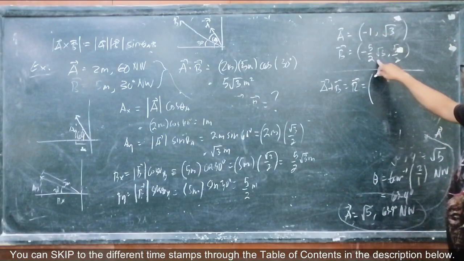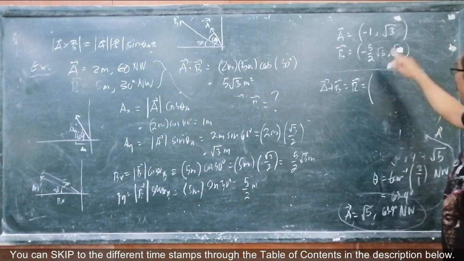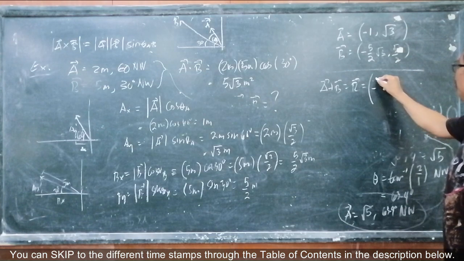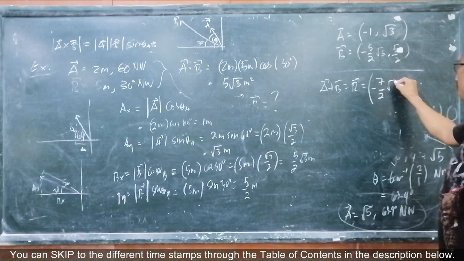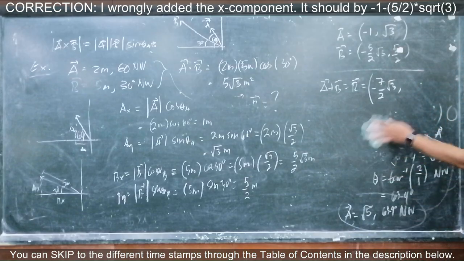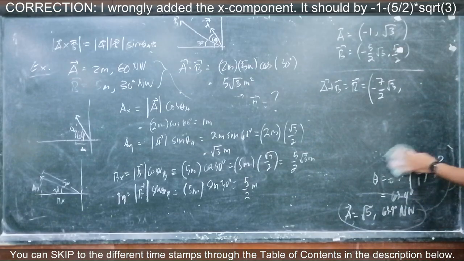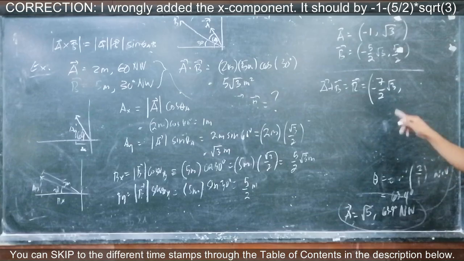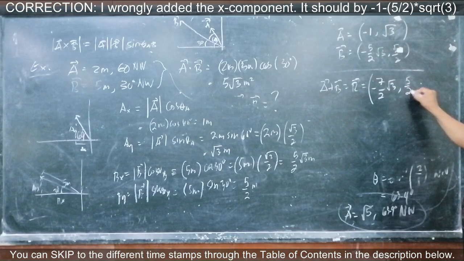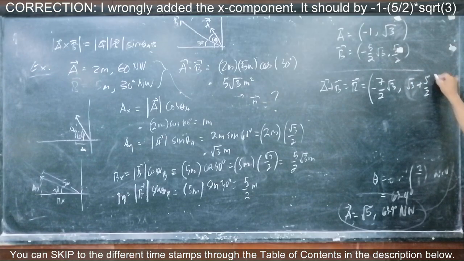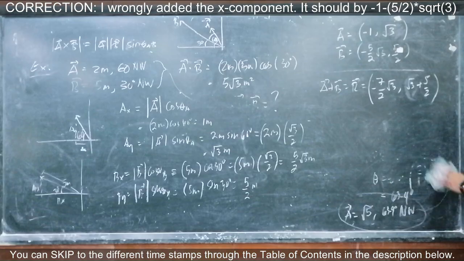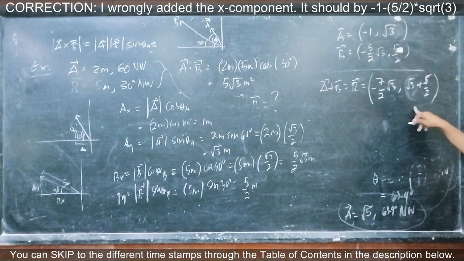That's negative 1 minus 5 over 2 square root of 3, and 5 halves square root of 3 plus 5 halves, to avoid decimals. Anyway, you have a calculator to calculate this. So this would be my vector.